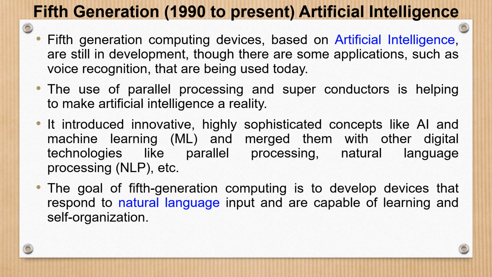By using both capacities, computation as well as storage, we perform very big data type applications over the network or the internet. Okay, so it introduced innovation, highly sophisticated concepts like AI and machine learning, and merged them with other digital technologies like parallel processing, natural language processing, etc.